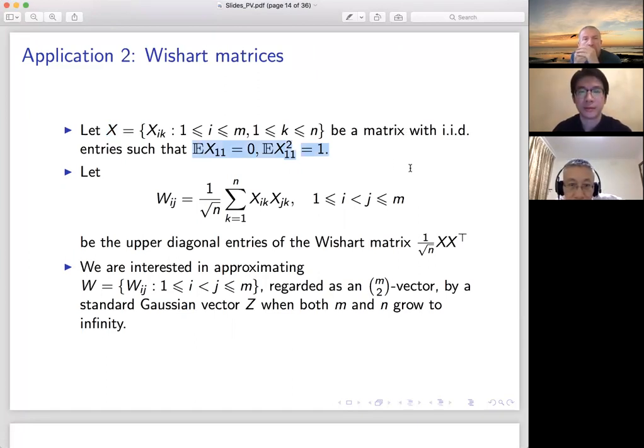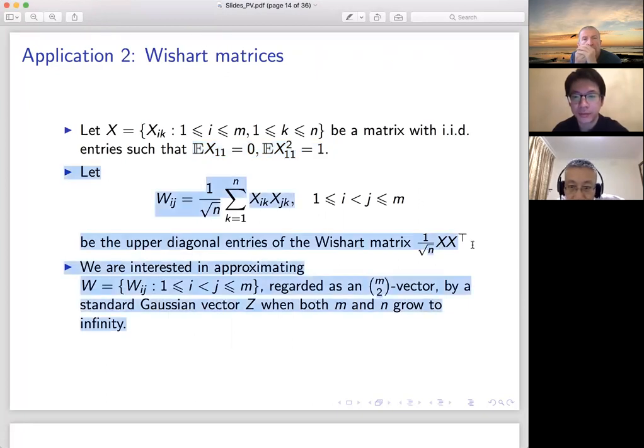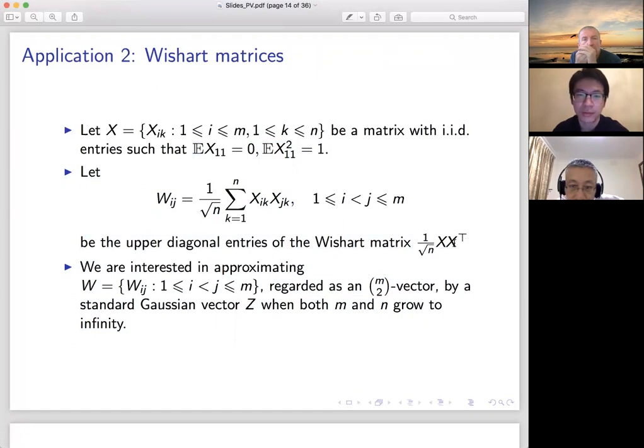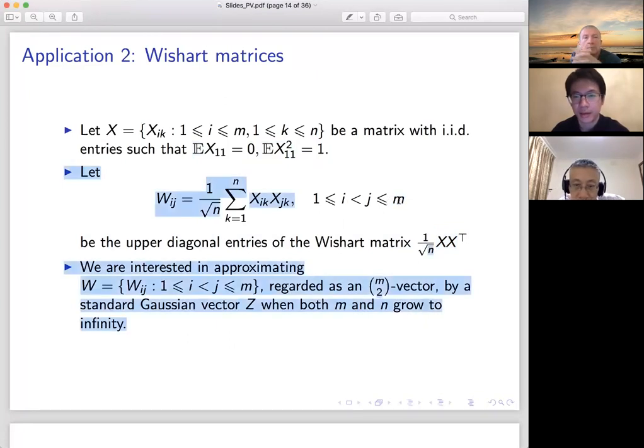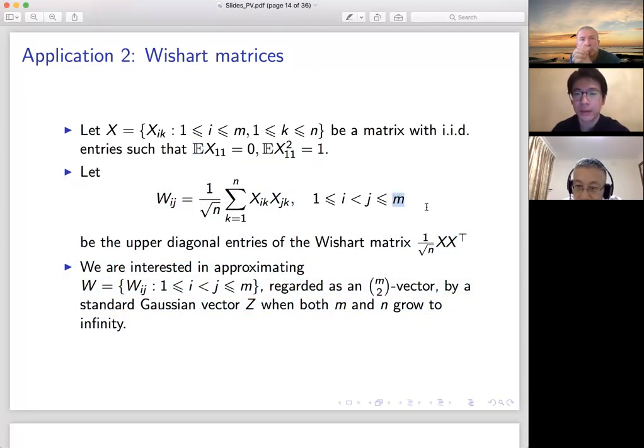The Wishart matrix based on this IID matrix is defined to be 1 over square root of n times xi xi transpose. This Wishart matrix is actually an m by m symmetric matrix. And we use Wij to represent its ij-th entry, and it can be expressed like this.